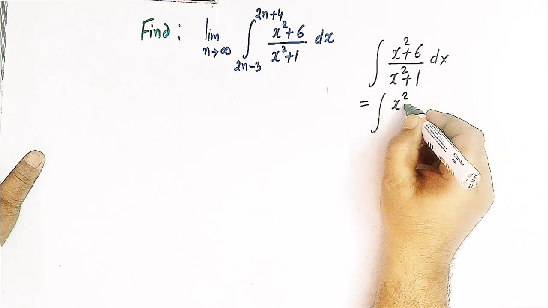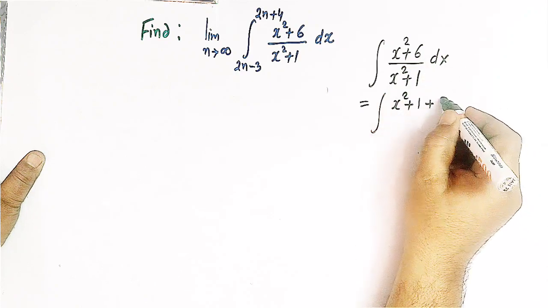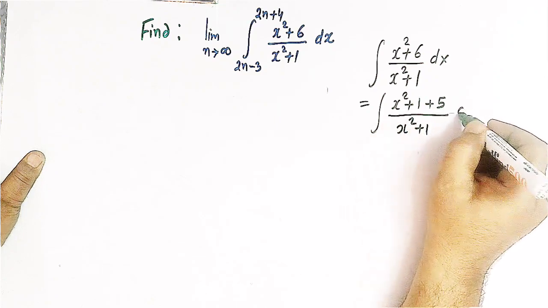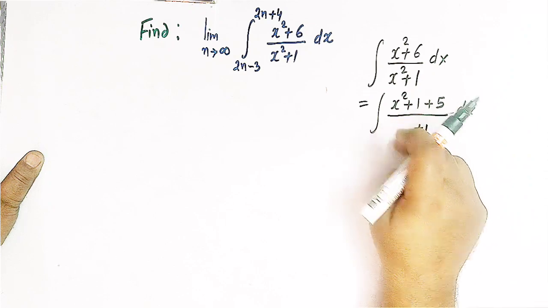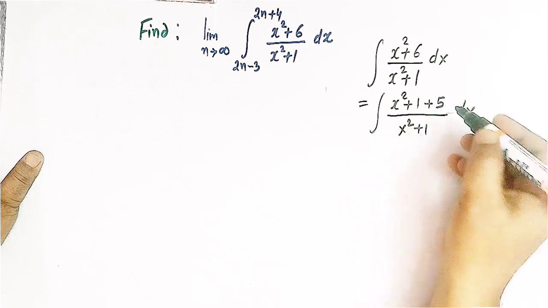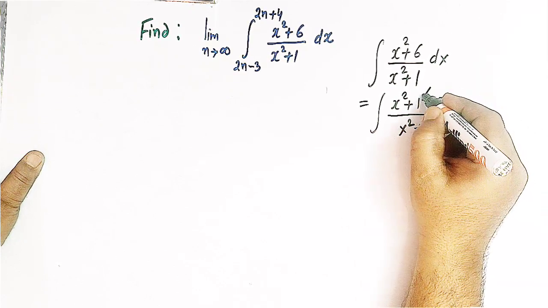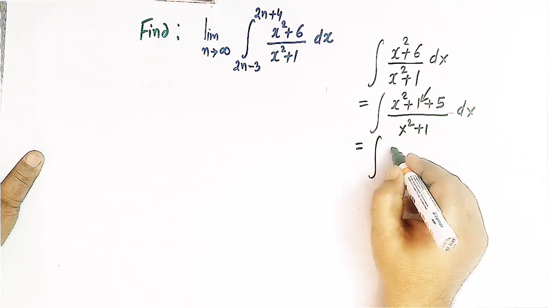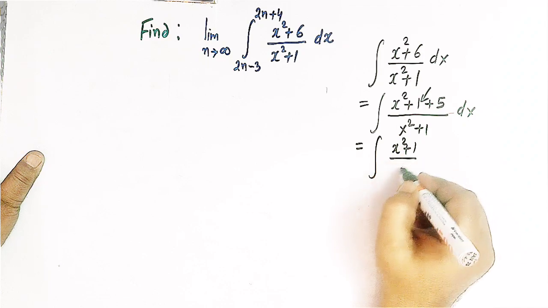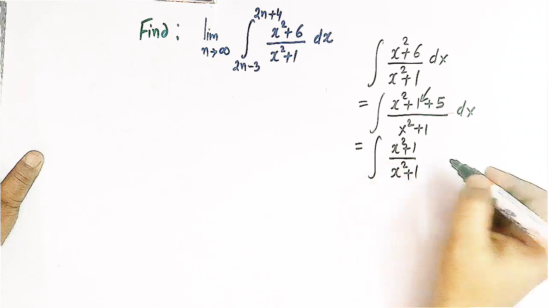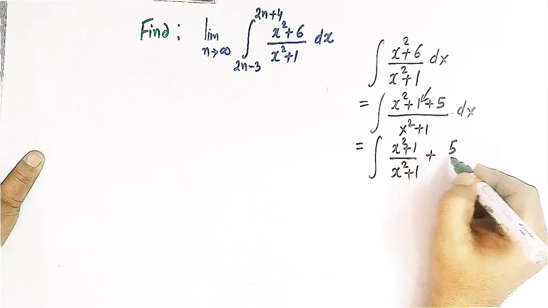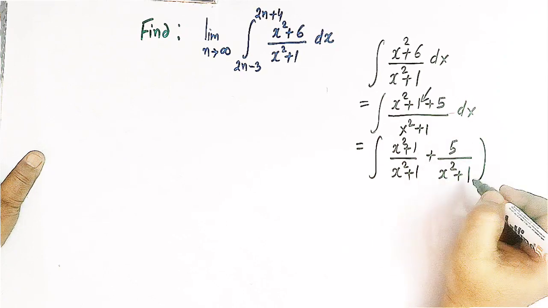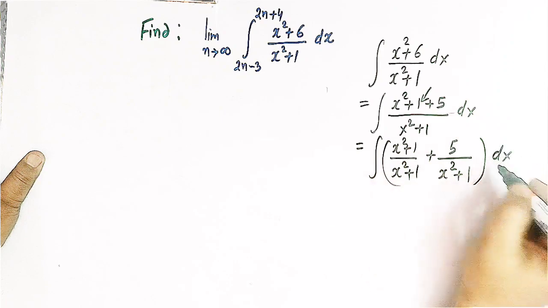So we have x square plus 1 plus 5 over x square plus 1, dx. Now we'll separate this integral: x square plus 1 over x square plus 1, and then 5 over x square plus 1, dx.